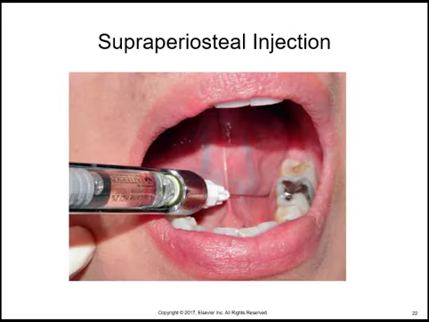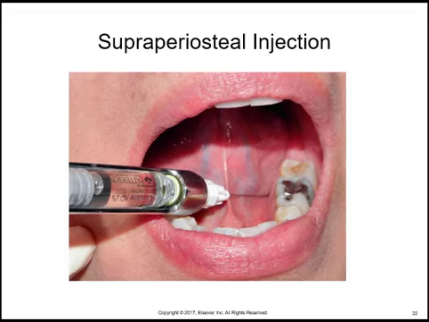All right, this figure shows a supraperiosteal injection in the lingual tissue on the medial surface of the mandible. This is to obtain pulpal anesthesia of the mandibular first molar following a less than clinically effective inferior alveolar block. So you had complications with the IA block. It was not very clinically effective.